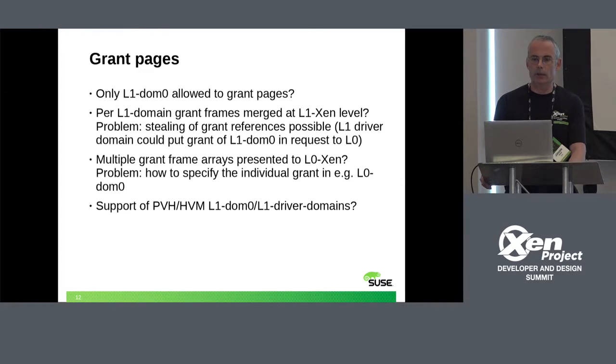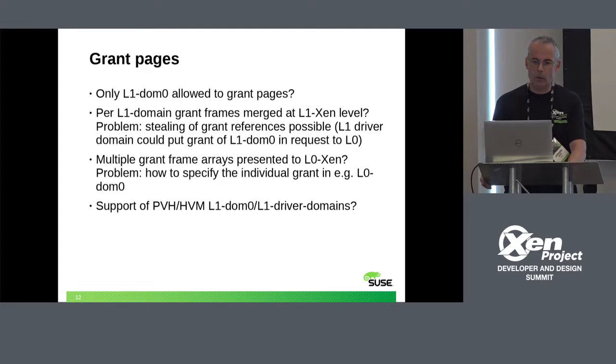So I have a security problem here at level 1, because the level 1 driver domain could easily just write a DOM0 grant entry into its grant table, and at level 0 this wouldn't be distinguishable from a normal level 1 DOM0 grant. So a driver domain at level 1 could steal DOM0 grants and vice versa.